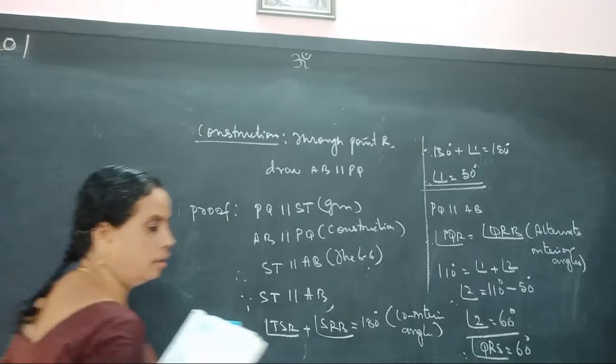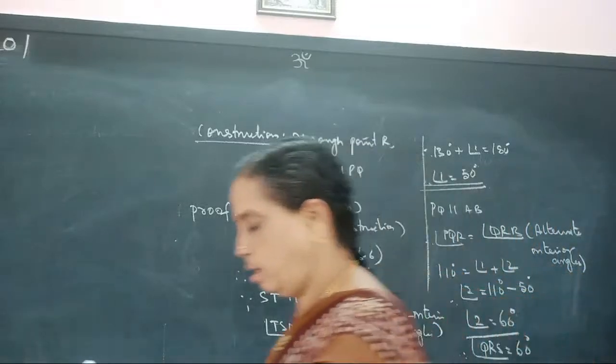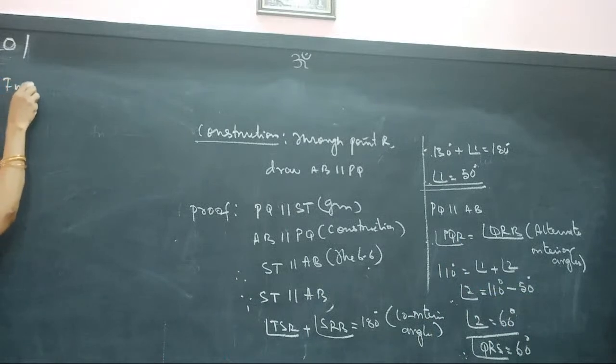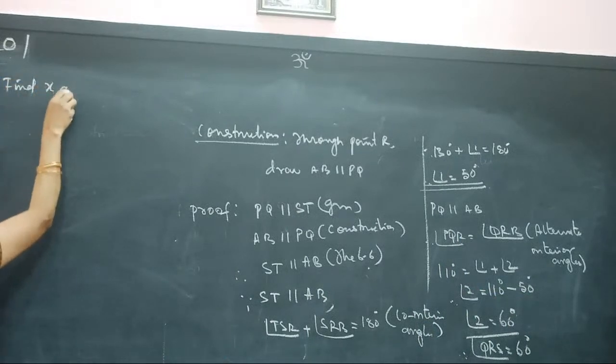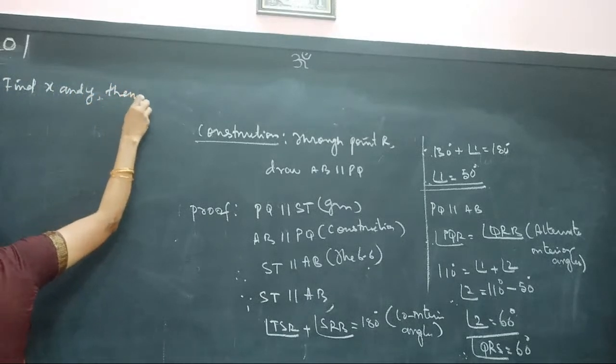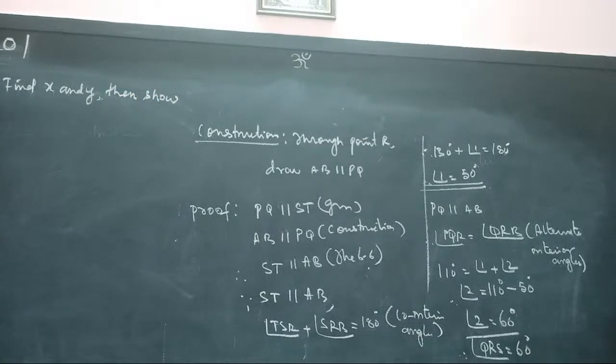In the figure, find the values of x and y. Then show that AB is parallel to CD.